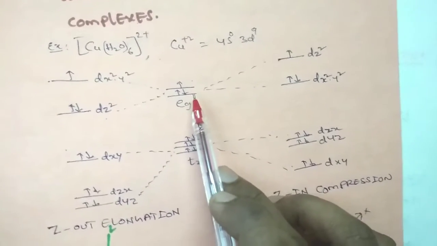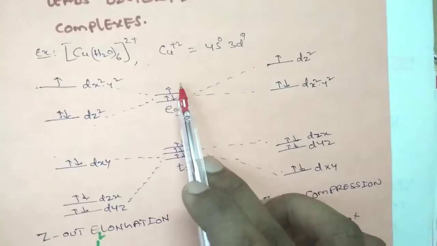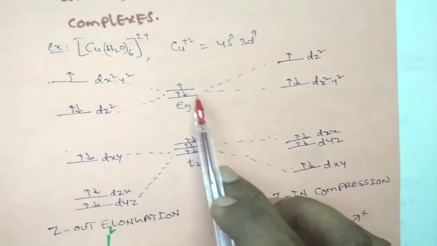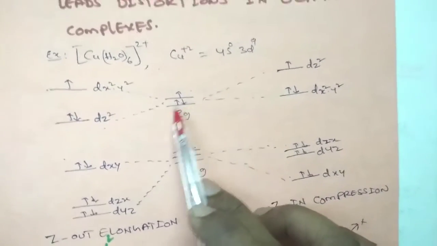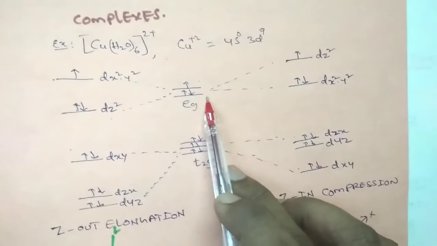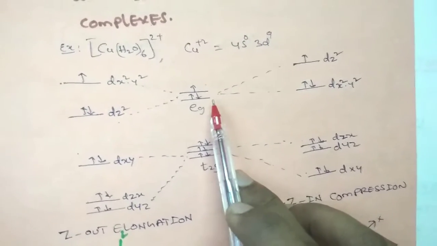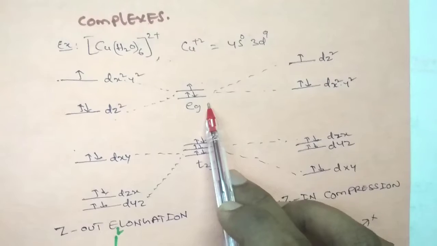So let us see here now. 2 electrons are present in dx2-y2 and 1 electron is present in dz2. That means these 2 electrons will cause more repulsion than the single electron. Then ligands approaching along the x and y axes will experience more repulsion.